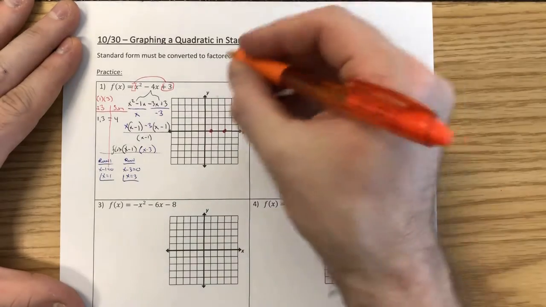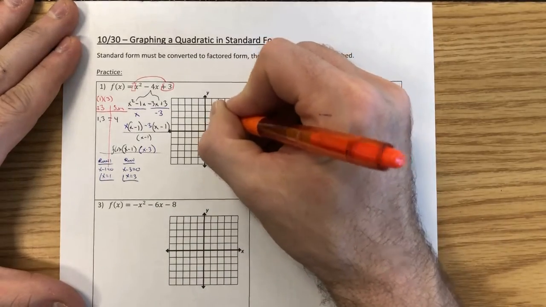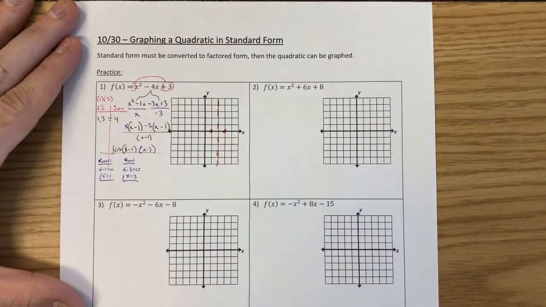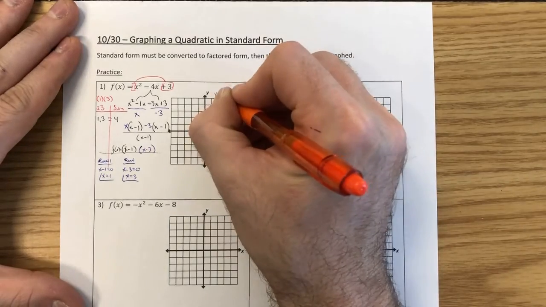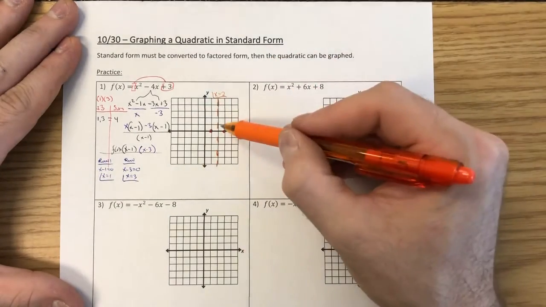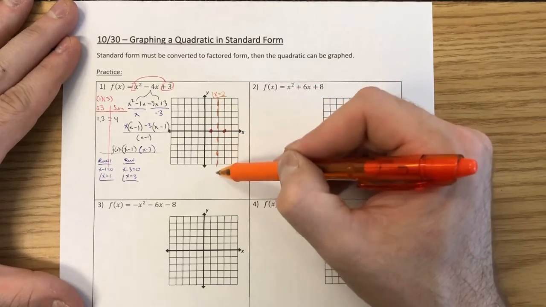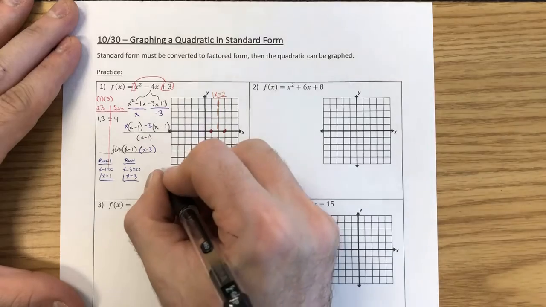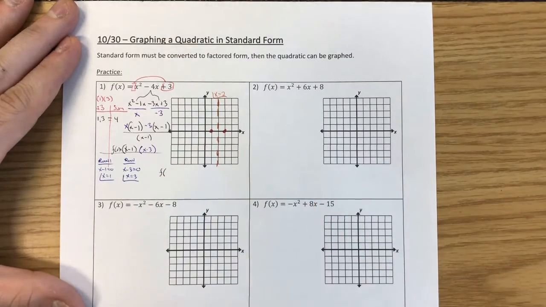The second thing that we went over was we said, hey, if I found my 2 roots, my vertex, that maximum or minimum point, is going to be directly between them. And I know that's going to happen somewhere at x equals 2. I don't know how high, I don't know how low. The only way to actually find that out is to take my x equals 2 and plug it in.